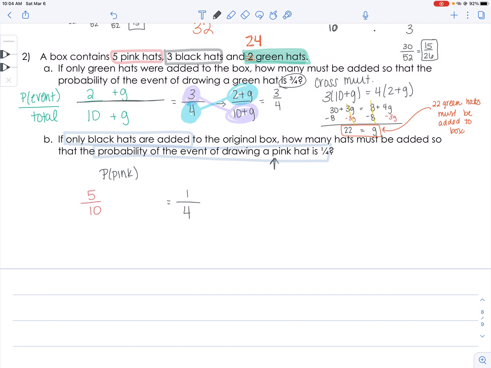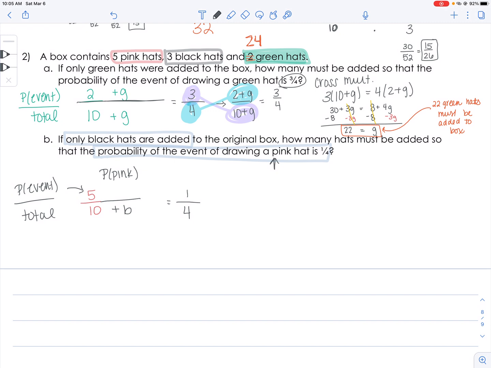Now, if I'm adding black hats, that is not going to change the number of pink hats, because remember, we've got the event over the total. If I'm adding black hats, I'm adding those to the total. That's not going to change the number of pink hats in my box.